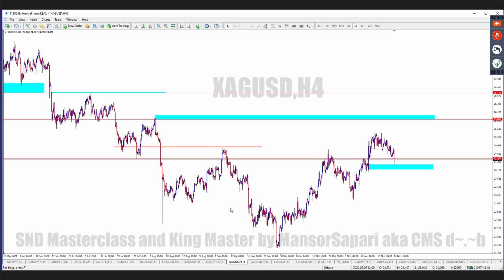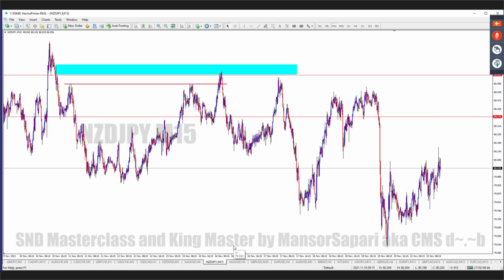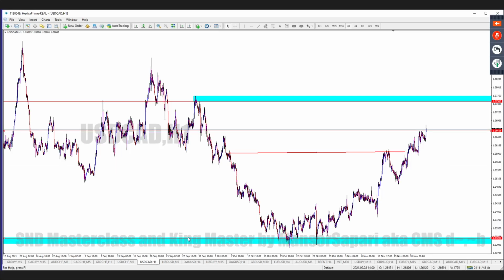Someone asks: please suggest some good pair for backtesting. For backtesting, you can use any pair. You can use any time frame. Because backtesting is to practice your eyes. You need to practice and practice and practice, because you need multiple time frames, multiple setups, multiple pairs.